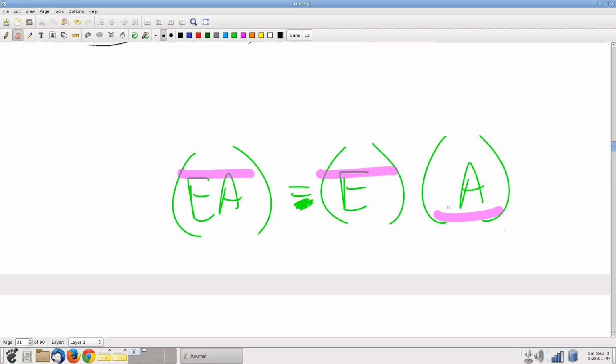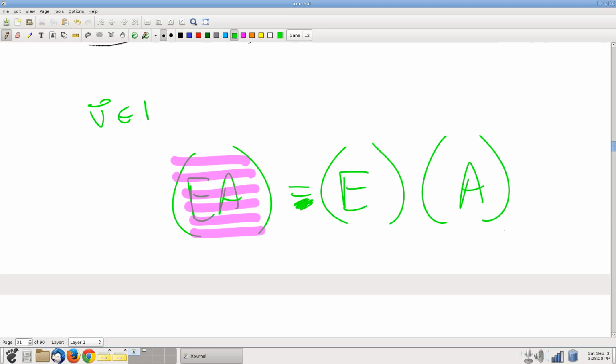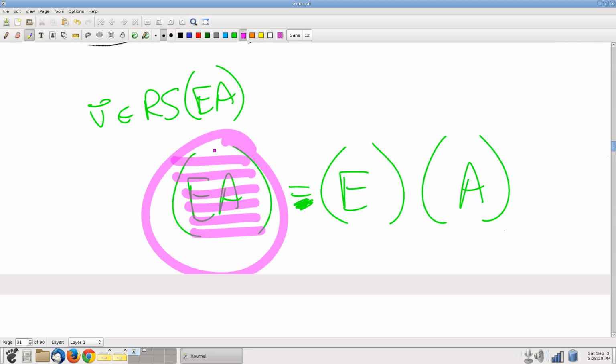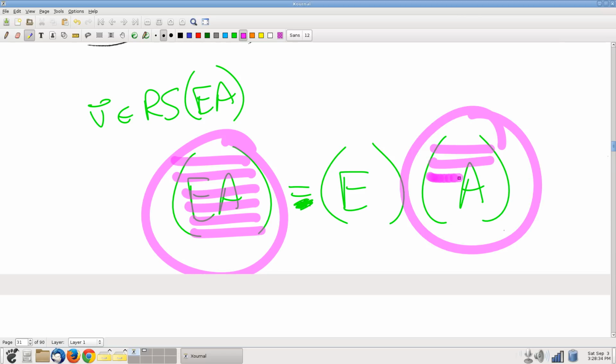So now let's consider, suppose I have a vector that is in the row space of EA. If I have a vector that's in the row space of EA, it's a linear combination of these vectors. And thus, I'll write this down, if I have a vector that's in the row space of EA, then it's a linear combination of these vectors, which means it's a linear combination of linear combinations of these vectors.